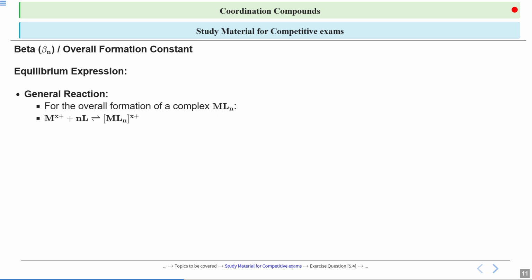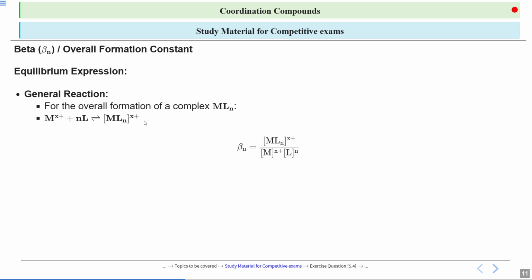So the general reaction is M to the power x positive, that means M has a charge, let's say x positive, and it is adding with n number of ligands and forming this complex MLn whole x positive. This is the complex that we are getting.